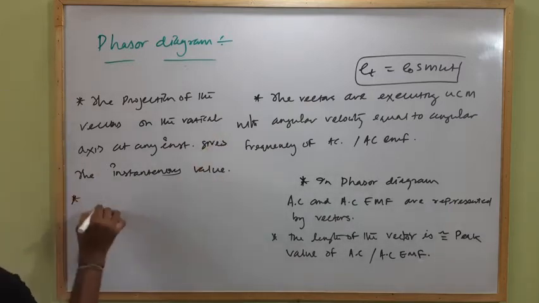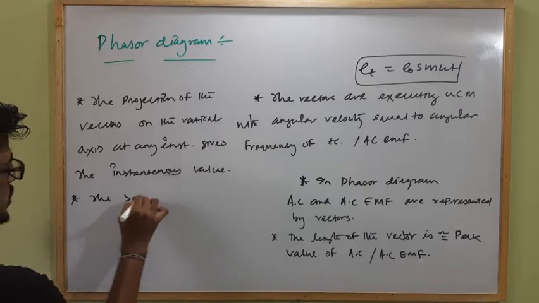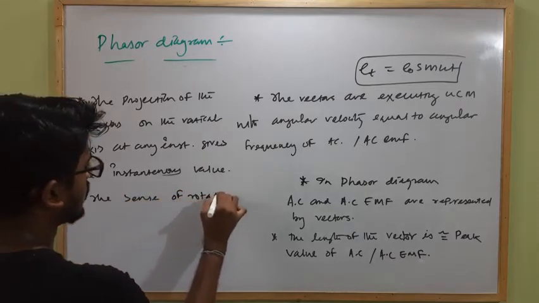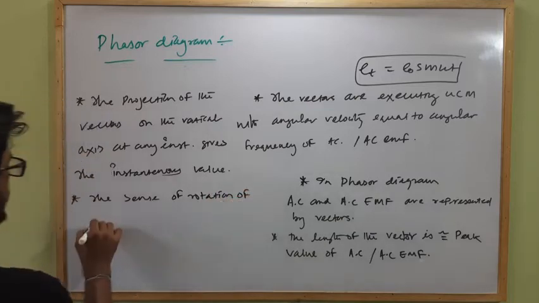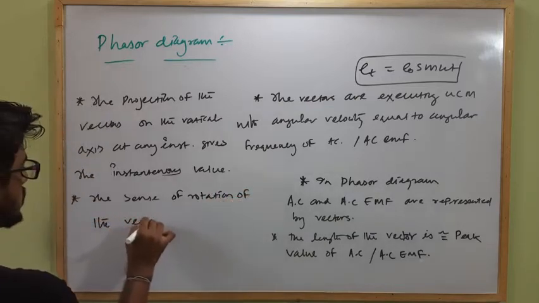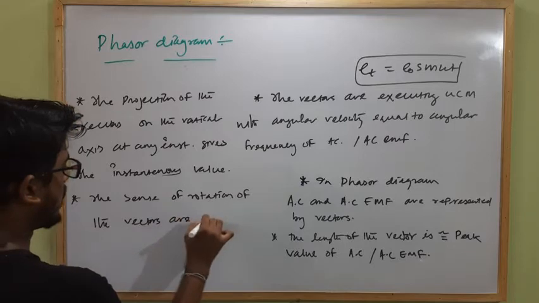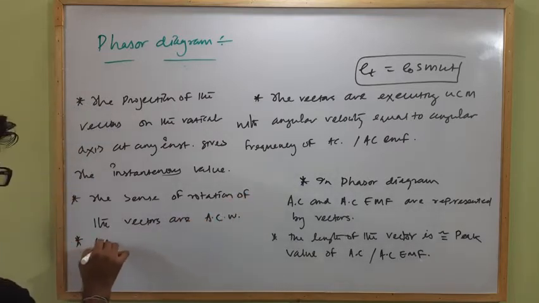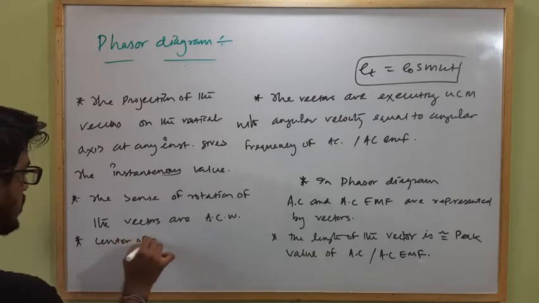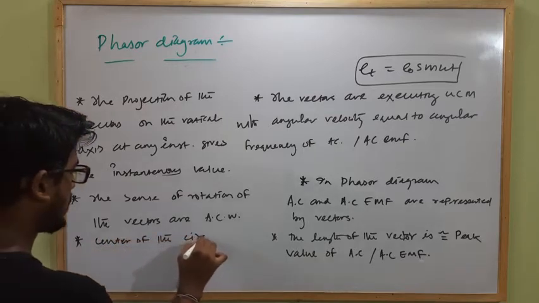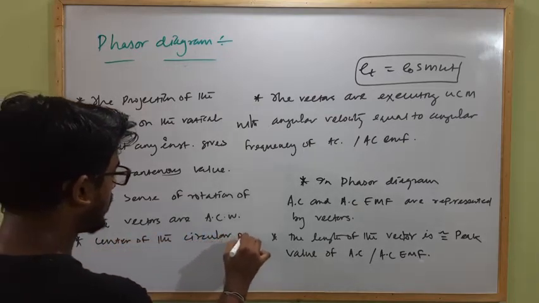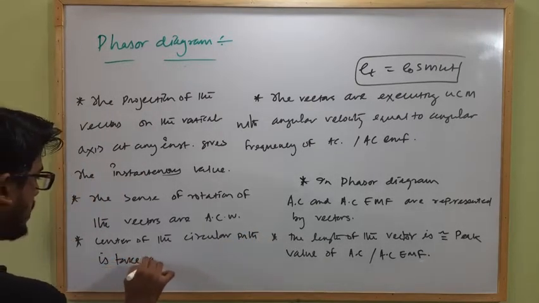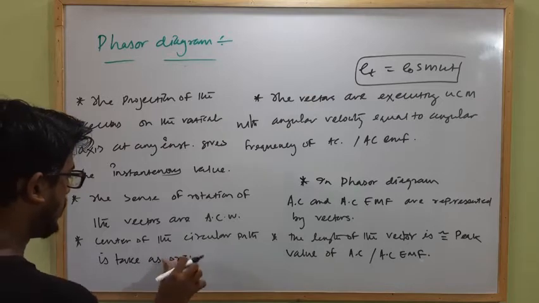Next, the sense of rotation of the vectors is anti-clockwise and the center of the circular path is taken as origin or mean position.